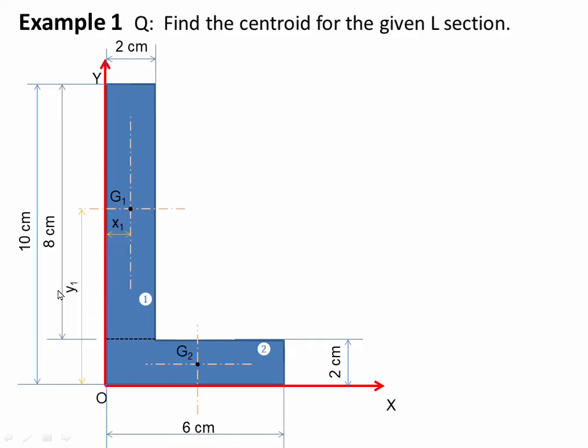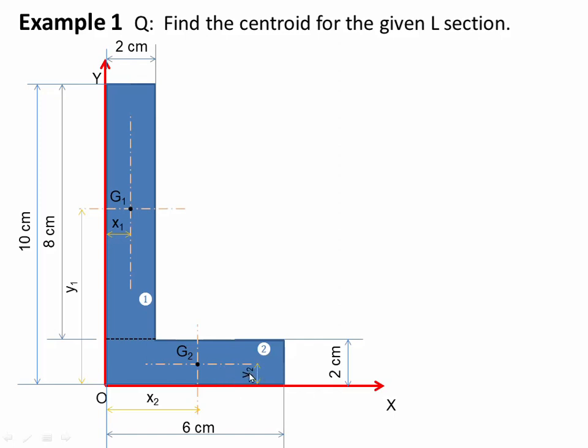So what will be the y1 value? From here it is 2 centimeter and from here it is 4 centimeter. So totally 6 centimeter. You should measure only from the reference axis. Similarly, the x value for G2 is 3 centimeter and the y value for G2 is 1 centimeter.